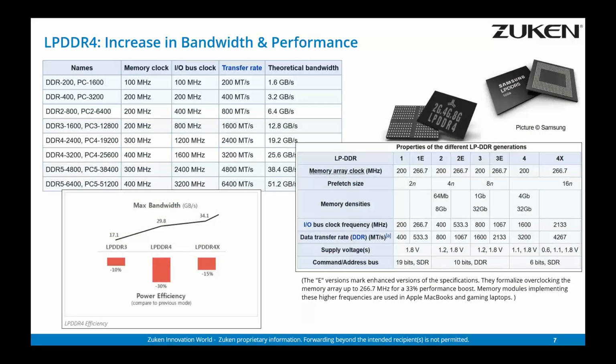And we have this DDR memory evolution. On the left-hand side, we have the full voltage breeds DDR, DDR2, DDR3, DDR4. And we have an improvement in the I/O bus clock, and in its transfer rate, and the bandwidth, which is possible using that kind of memories.